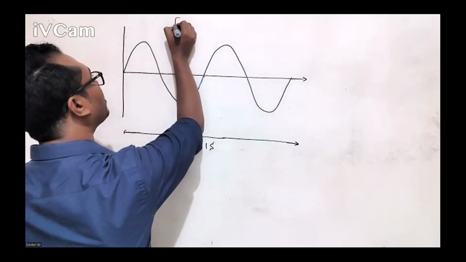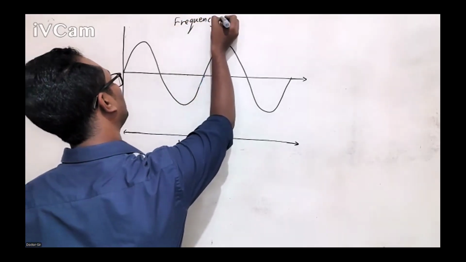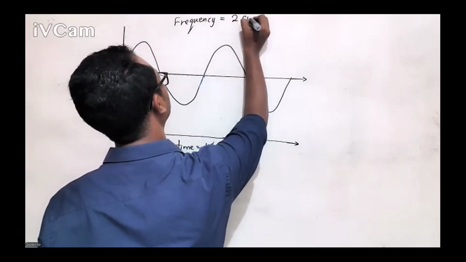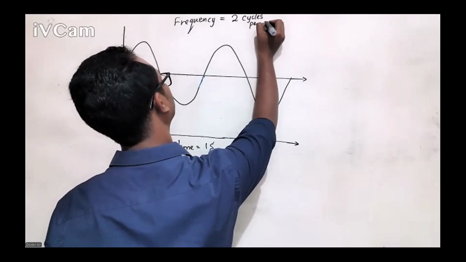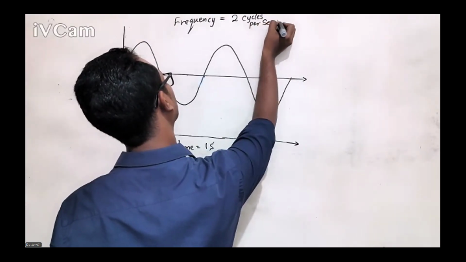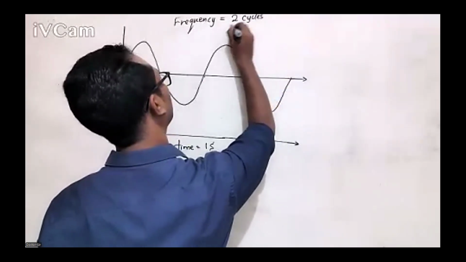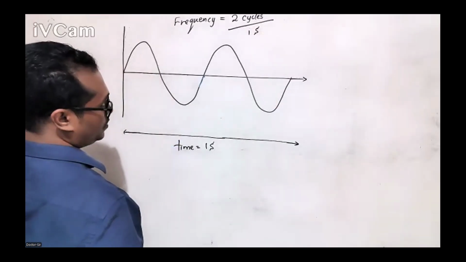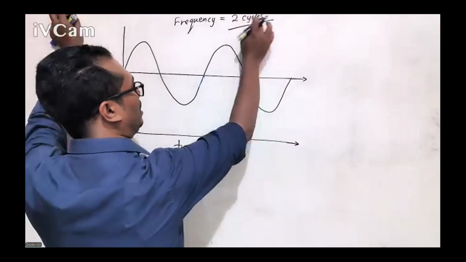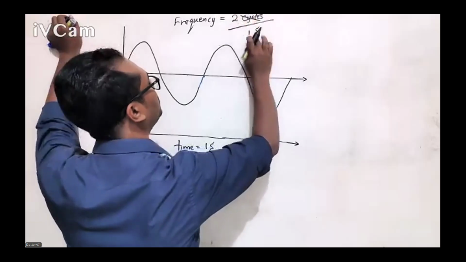So we can write down the frequency: frequency equals 2 cycles per second, or 2 cycles per 1 second. Usually we don't say the word cycle, so we remove it. So 2 per second.